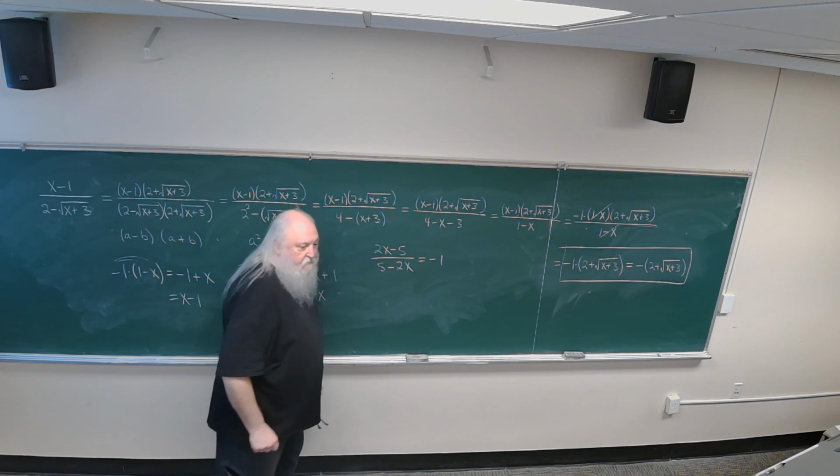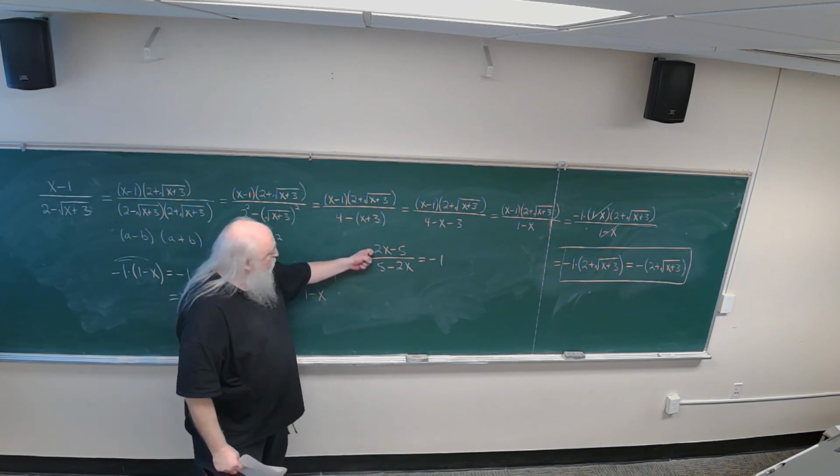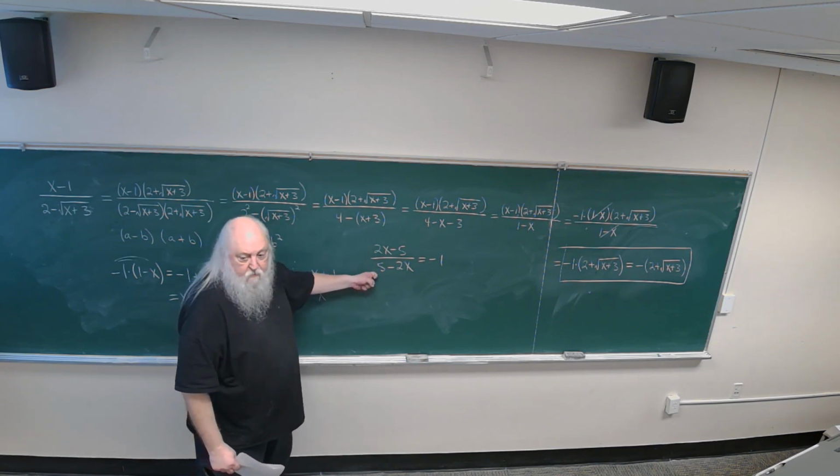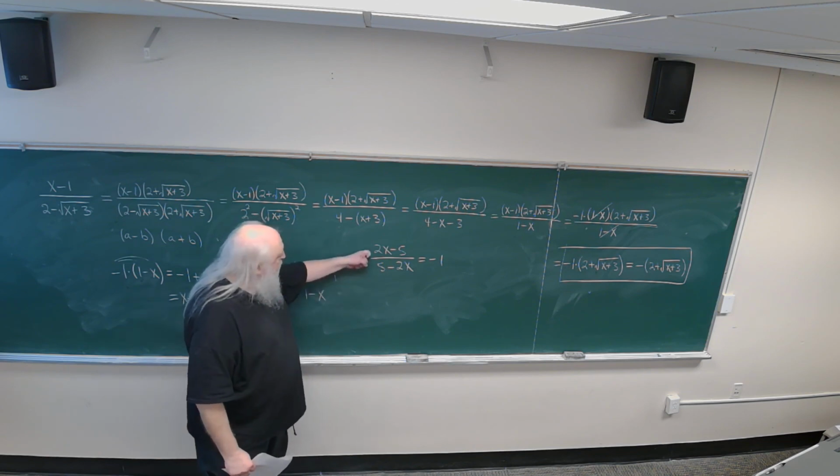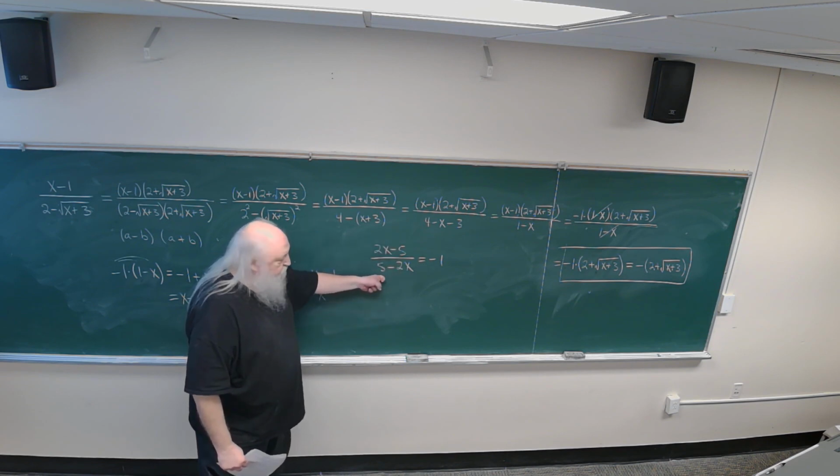That's also equal to negative 1, because the numerator and the denominator just differ by a factor of minus 1. If I multiply the numerator by minus 1 and distribute the minus 1 inside the parentheses, I end up with the denominator.